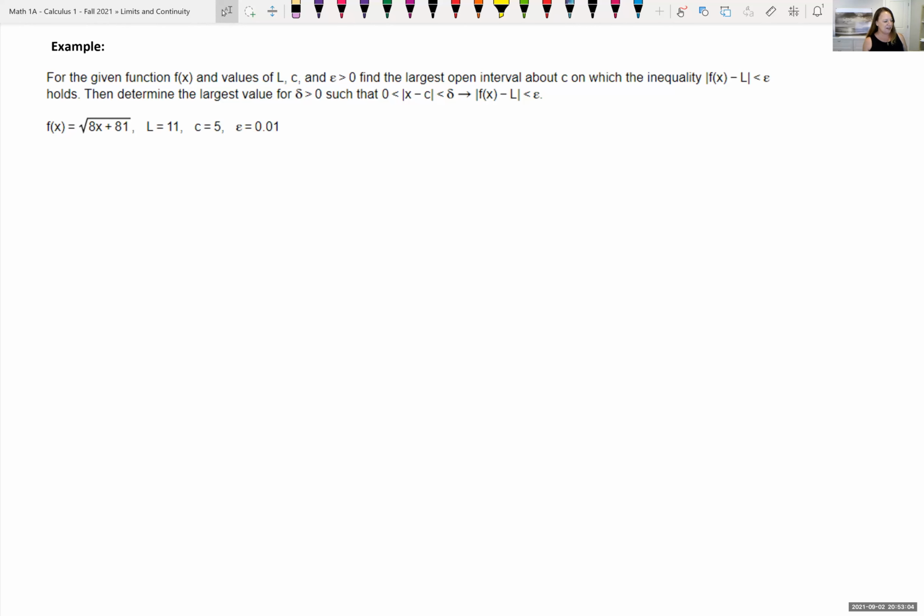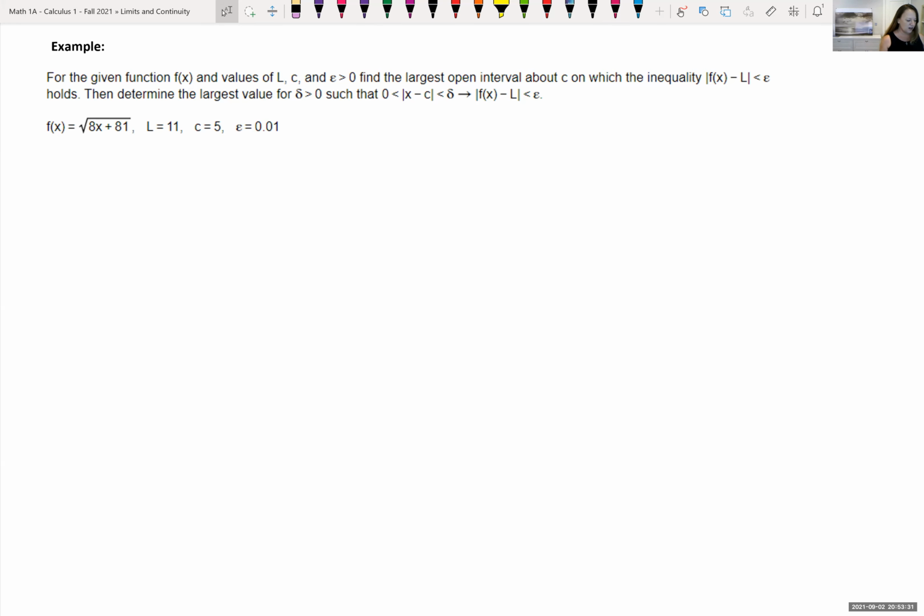Okay, so I'm going to go through one more example. In this example, it's not linear, so it's a little more difficult, but it's not too bad. It says for the given function f of x and values L, C, and epsilon greater than 0, find the largest open interval about C on which the inequality, the absolute value of f of x minus L, is less than epsilon holds.